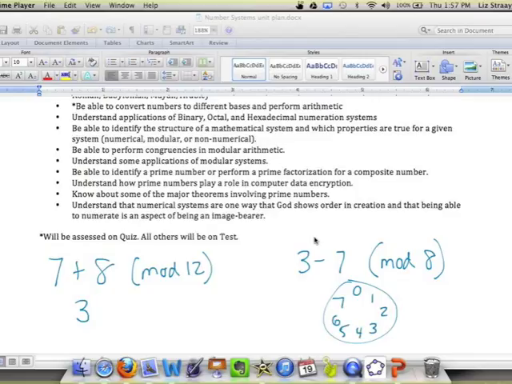I'm going to start at 3 and go 7 spaces backwards: 1, 2, 3, 4, 5, 6, 7. Wherever I land is my answer, and that's 4. I started at 3 and went backwards around my clock, so the numbers are getting smaller.